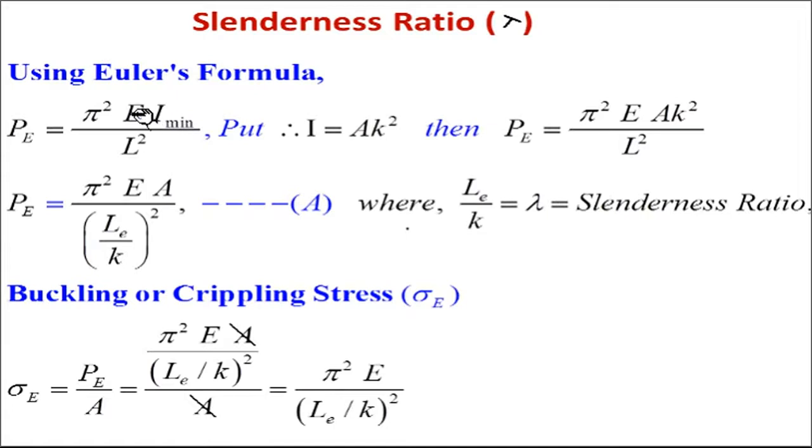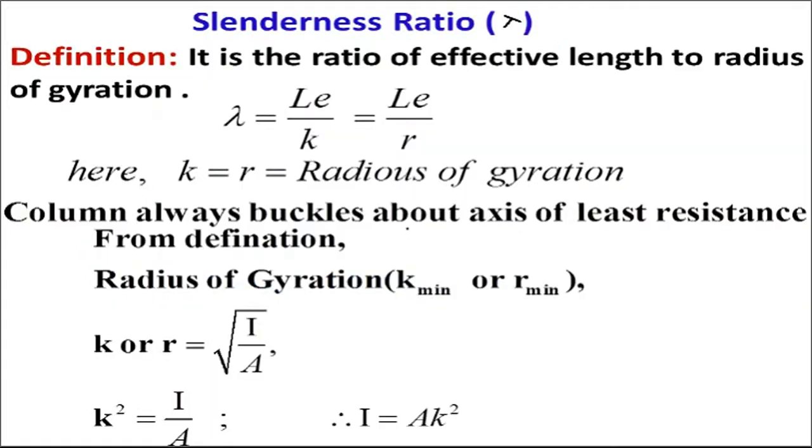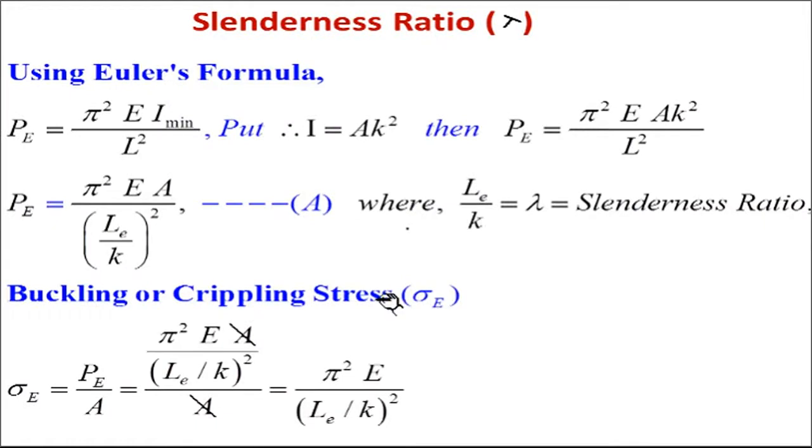If I put I is equal to A K square here, what will happen now? We know that this lambda is equal to LE by R. So here this is pi square E A K square by L square.